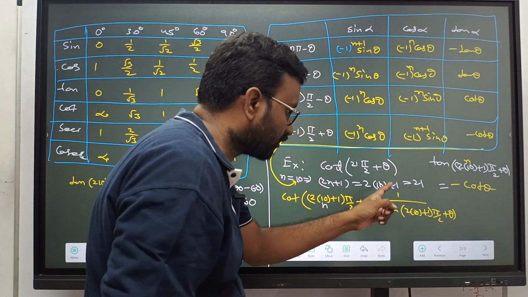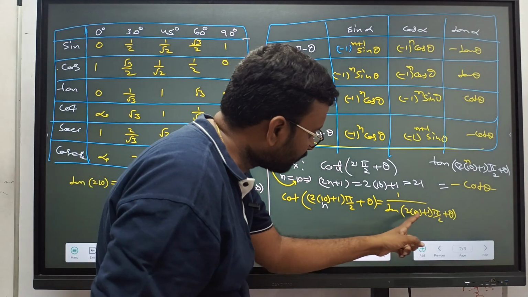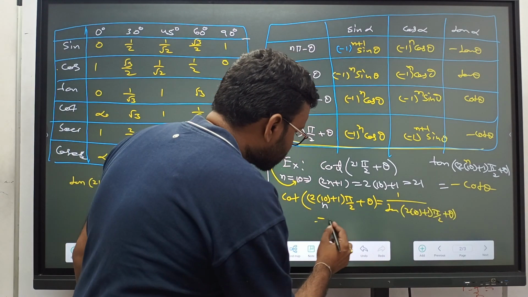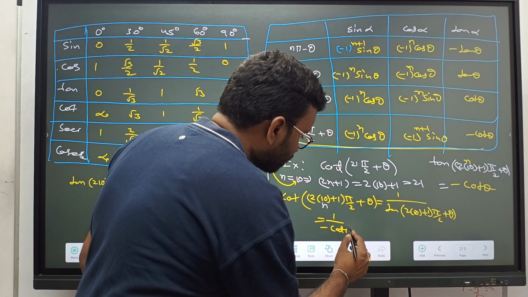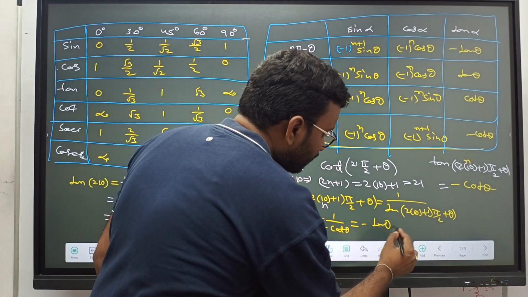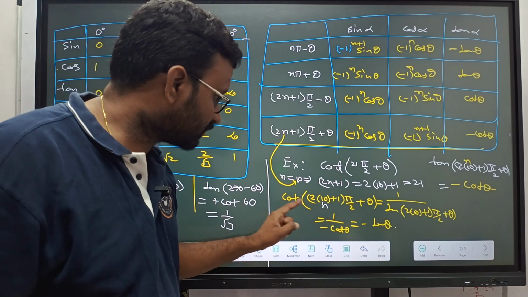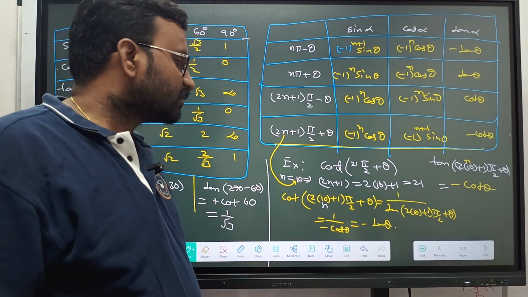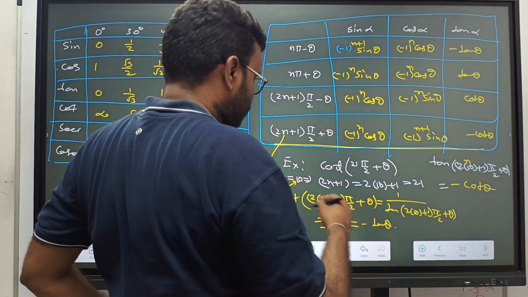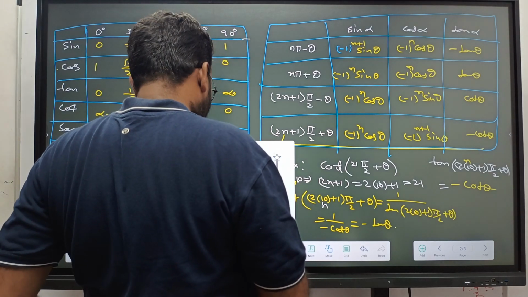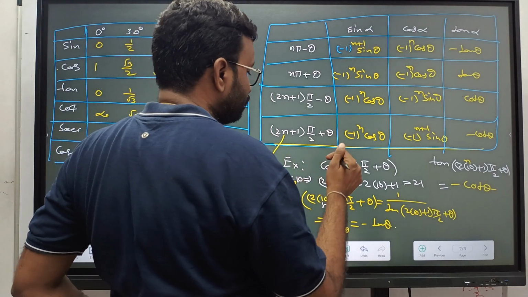Can I write cot theta as 1 by tan theta? What is the value of this? 1 by minus cot theta will be minus tan theta, since 1 by cot theta is tan theta. So the answer is minus tan theta.